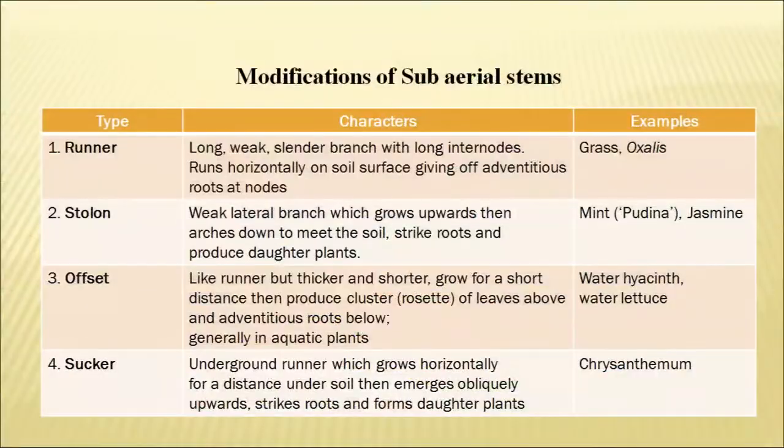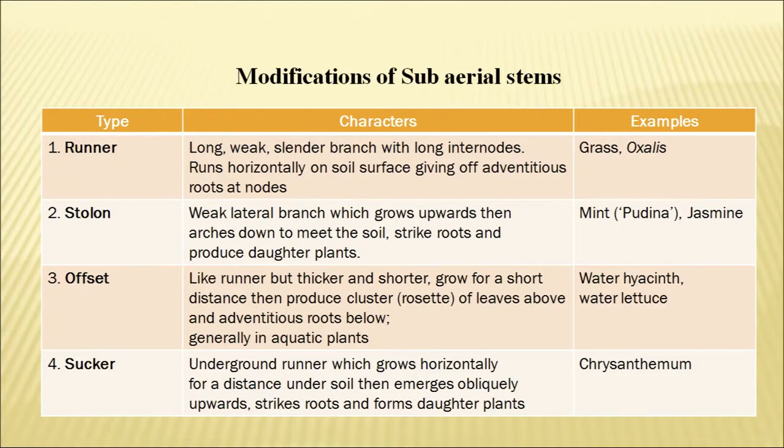There are certain modifications of sub-aerial stems. For example, runner, which I talked about, is present in grass; stolon is present in mint or pudina; and offset is present in water hyacinth or jalkumbhi.